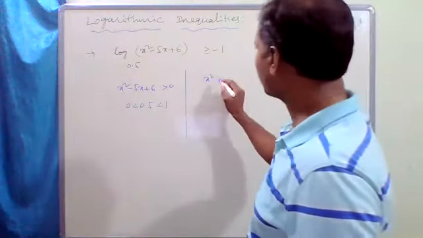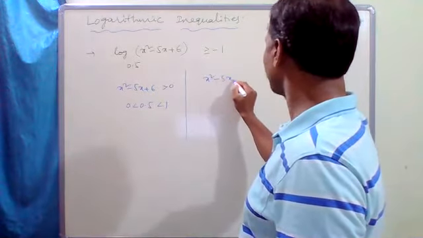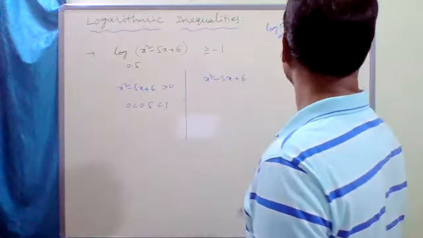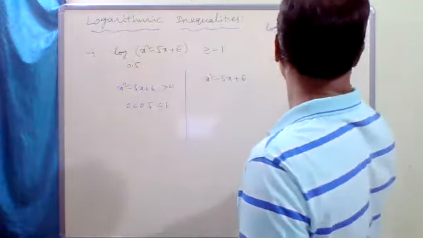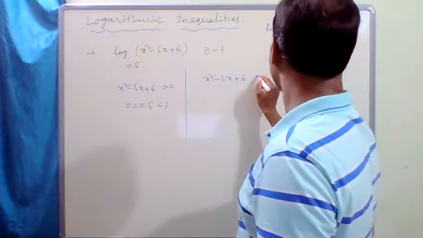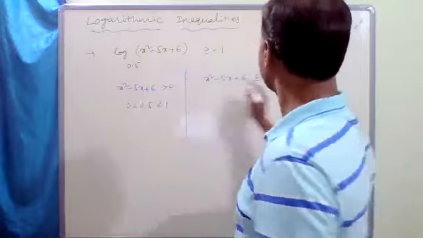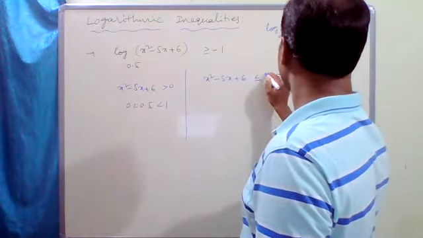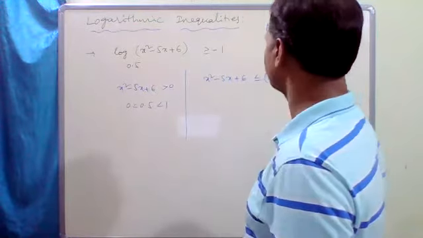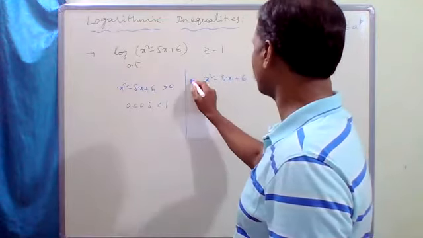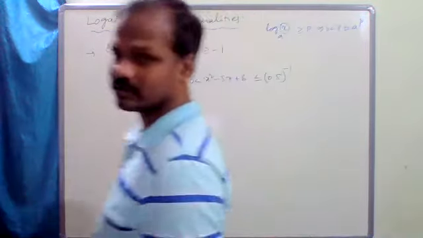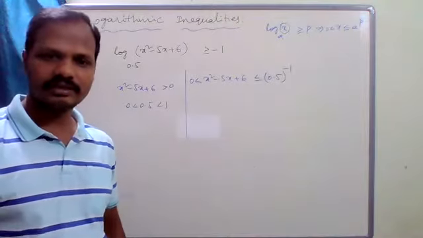So how can you write this one? In place of x we write x square minus 5x plus 6, which is less than or equal to 0.5 whole power minus 1. So on the left side we have to write 0 less than. Is it clear?